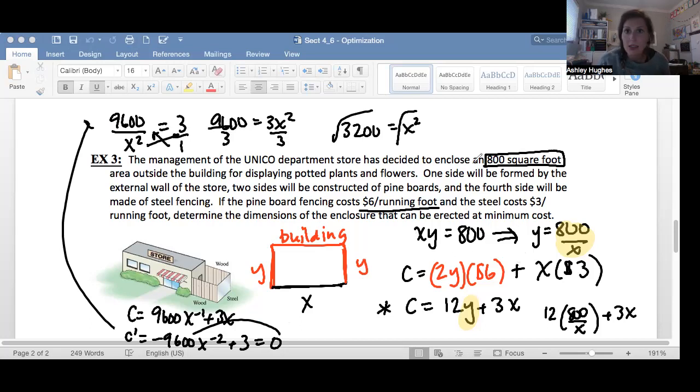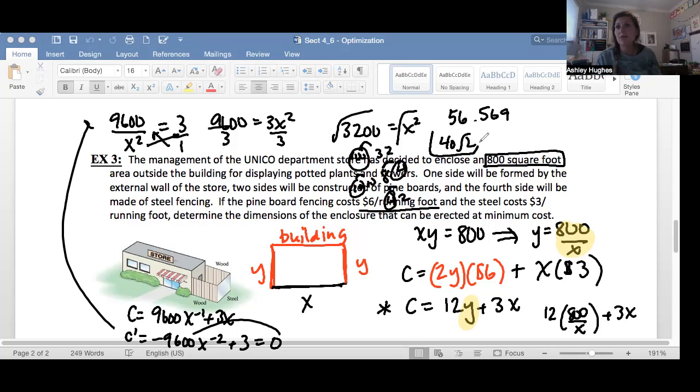So yeah, it's not a pretty number, 56.569, or let's see, that'd be 100 times 32. 32 is 8 times 4. That is 4 times 2. So I could say 4 and a 10. So 40 root 2. Okay, so if I want to simplify, it would be 40 root 2.